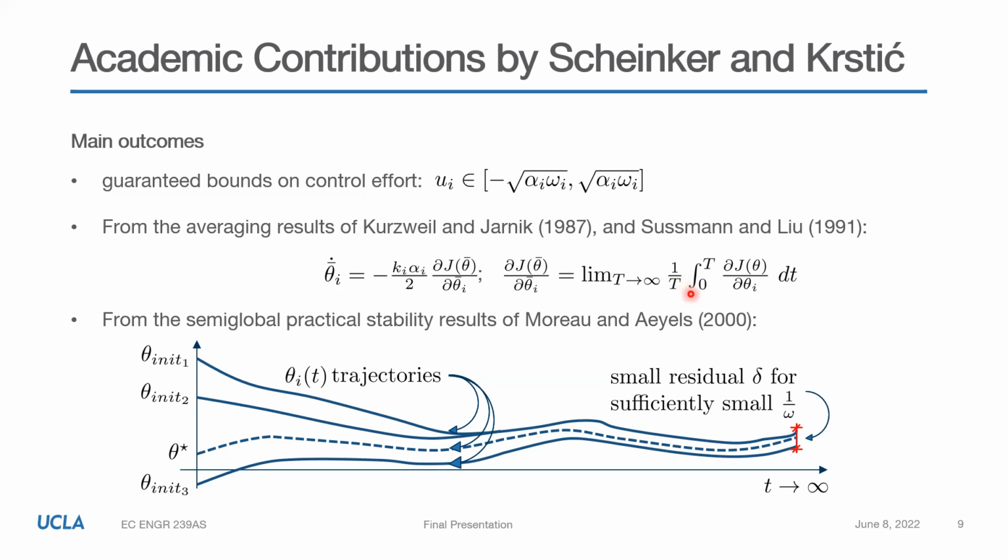Now, outcome 3. From the semi-global practical stability results of Moreau and Aeyels, specific stability guarantees on theta star are made. At a high level, we generally consider theta star to be time varying. And we also consider theta to be initialized at time 0 with some value in its domain.